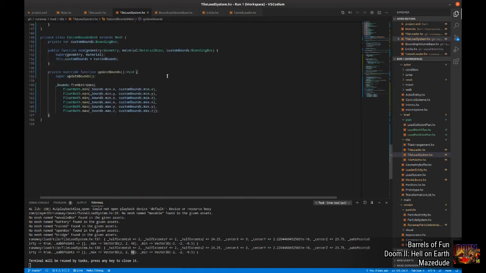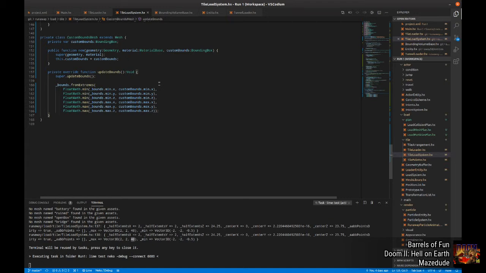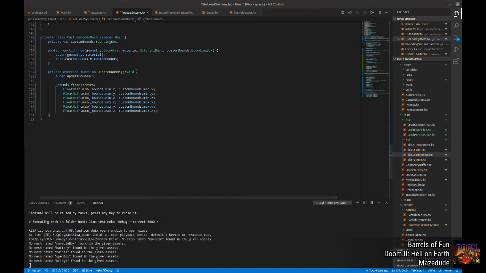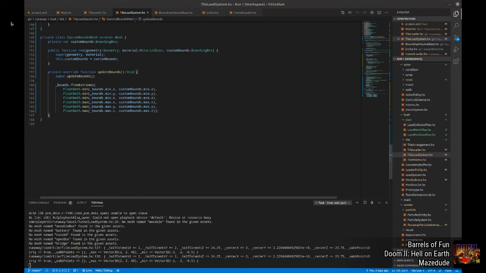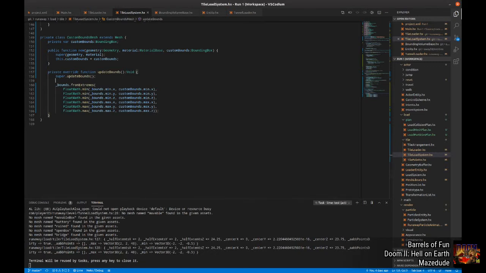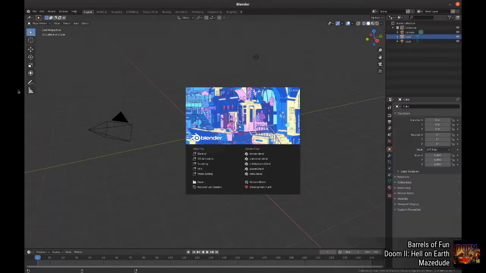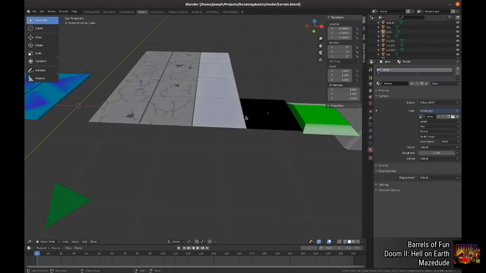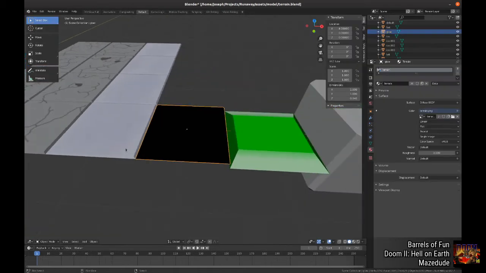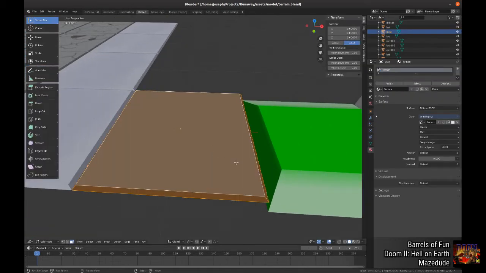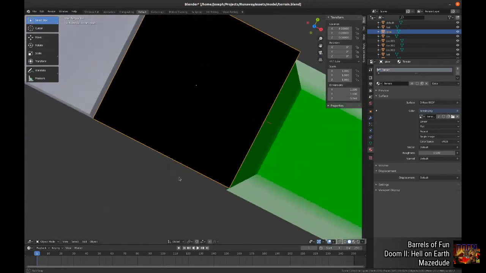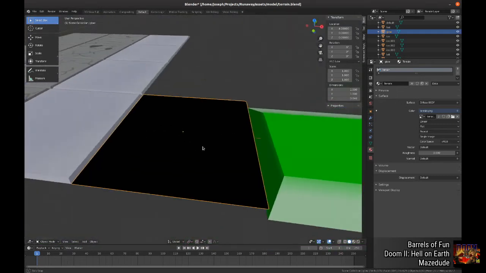What I need to do is go back in each tile. Actually, no, I shouldn't go back in there. I should go back into Blender because I do need to look this up, and it'll help me explain. Okay, so it looks like each tile is centered, you know, at the center.